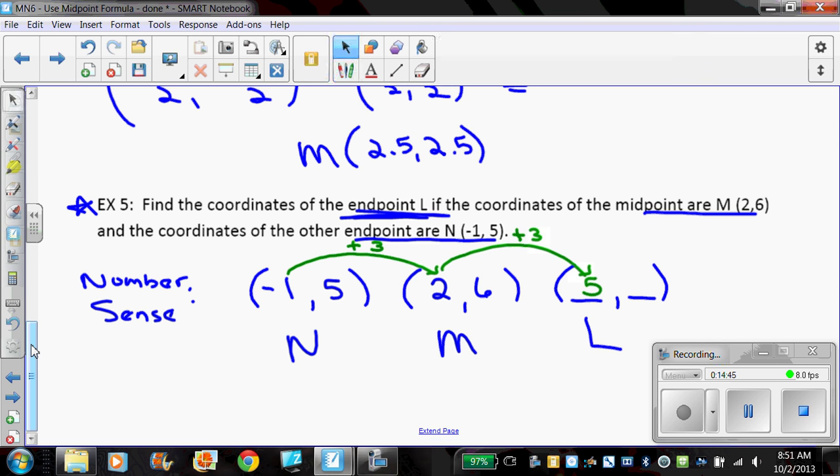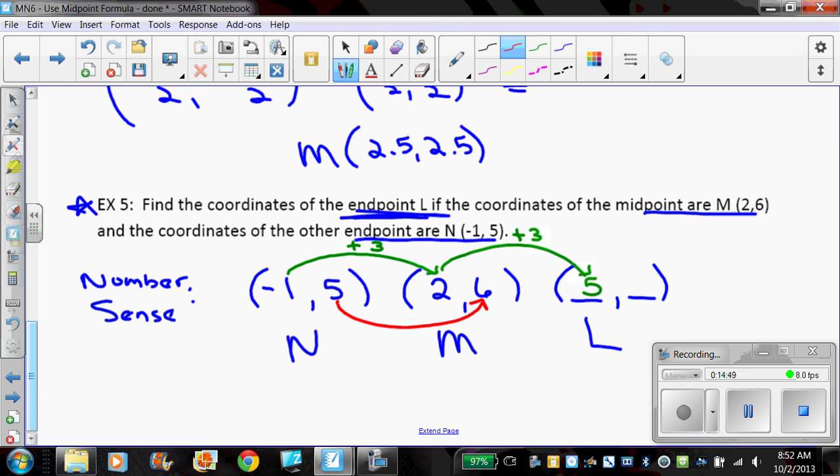Now I do the next one, the y-coordinate. The y-coordinate to get from 5 to 6, it's a jump of 1. So if you jump 1, then you need to jump 1 again. So that is the trick, is just making sure that you have a constant pattern here as far as making sure you're moving the same direction. Now, it could be moving down. You could be subtracting 1, and then you would just subtract 1 from the next one.